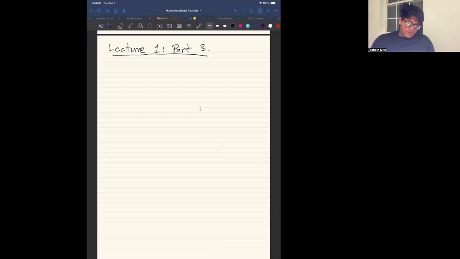An element 0 is called a null element if we have this property: for all a in L, 0 is less than or equal to a. It is an element that's at the bottom.